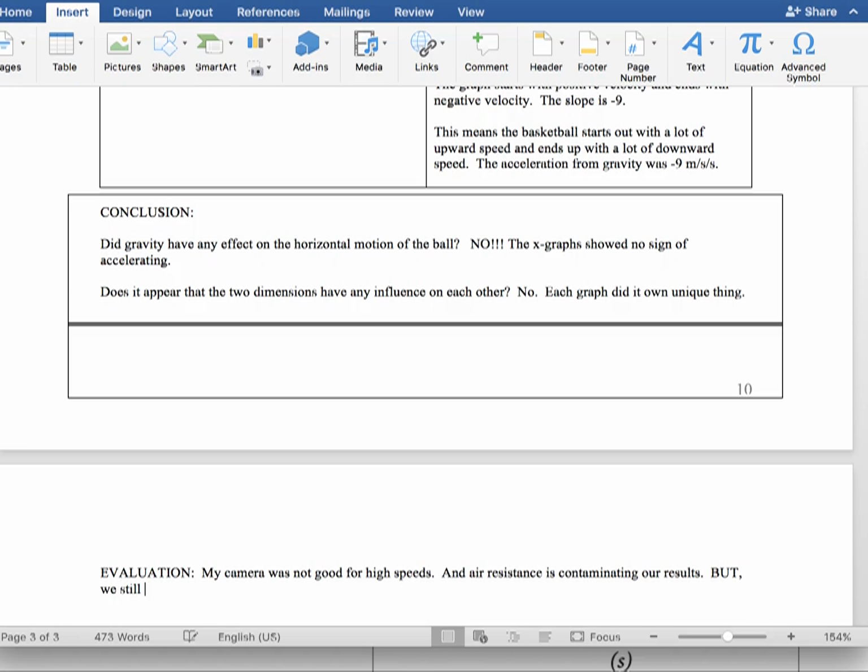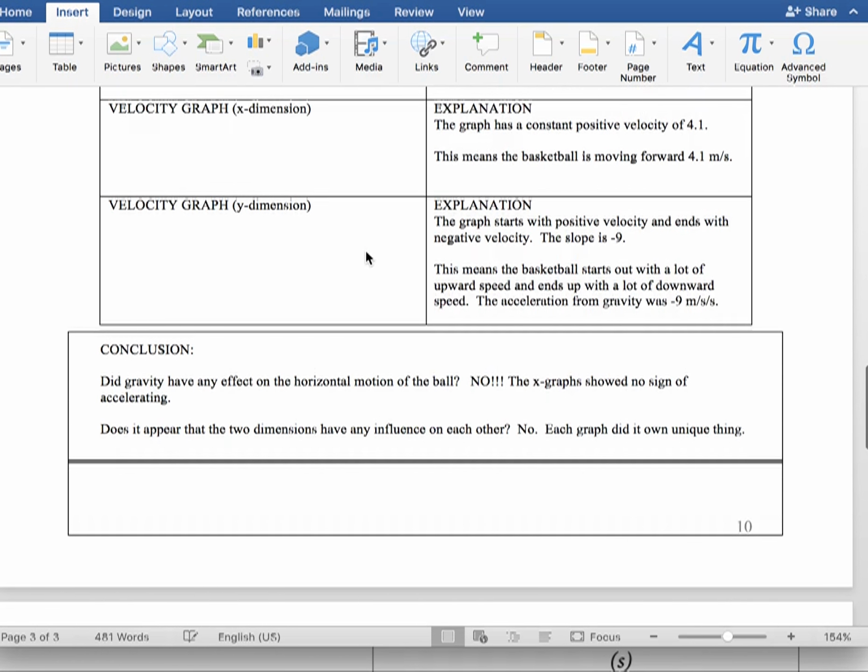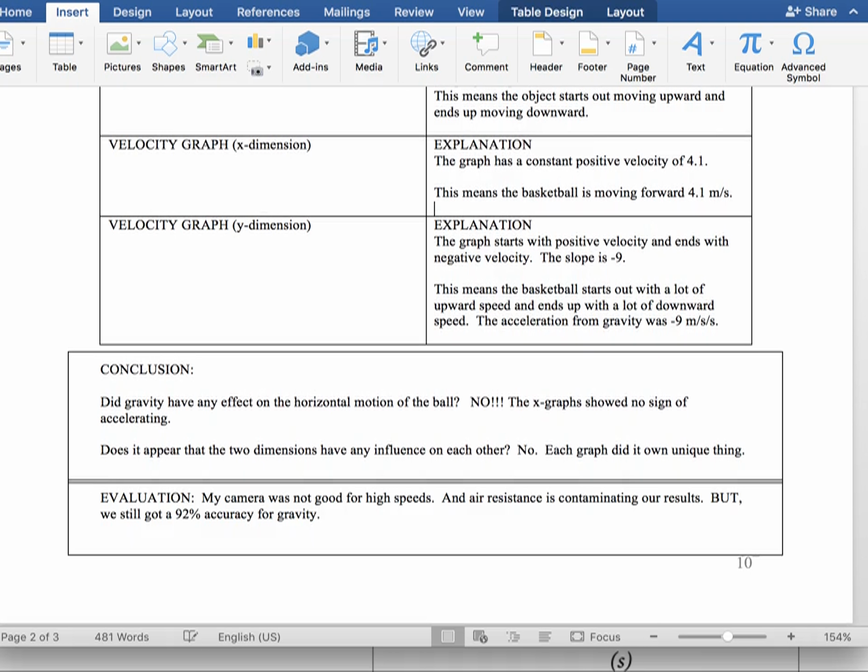But we still got a 92% accuracy for gravity. I'm just acknowledging that our results weren't perfect, but they were still pretty good. As a scientist, you always need to evaluate any data that you collect and acknowledge weaknesses. This is what we do in our evaluation.